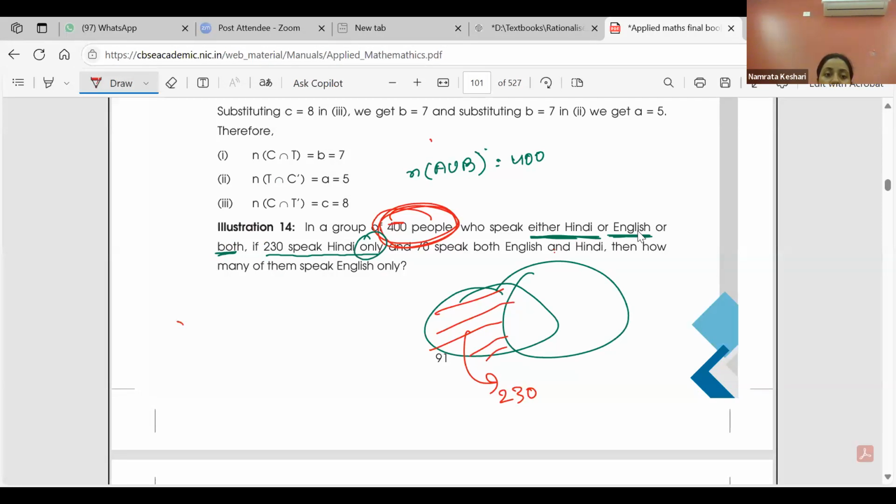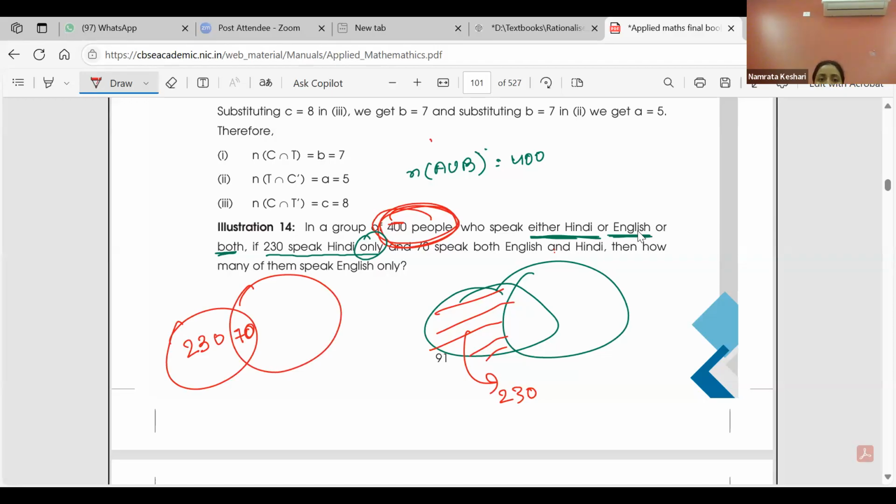Let's use the concept of Venn diagram. Here just 230 is given because 70 speak both English and Hindi. Then how many of them speak English only?